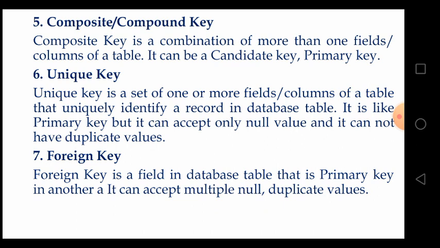It is like a primary key, but it can accept only one null value, and it cannot have duplicate values. Foreign key. A foreign key is a field in a database table that is a primary key in another table. It can accept multiple null or duplicate values.